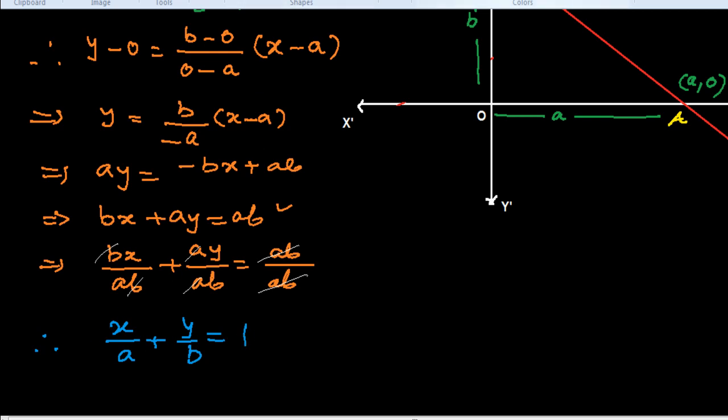In this way we could easily derive the intercept form, where a is the intercept on the x-axis and b is the intercept on the y-axis. So the equation would be x over a plus y over b is equal to 1.